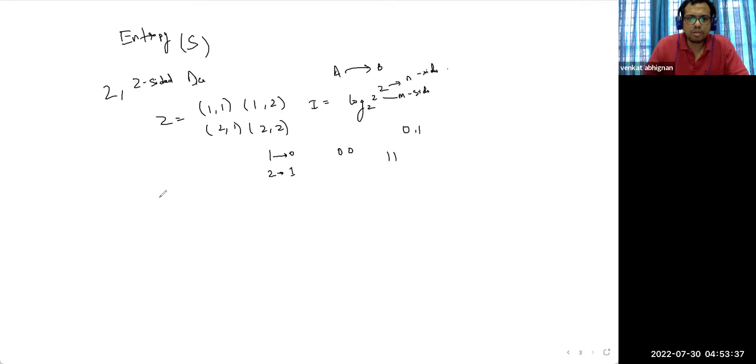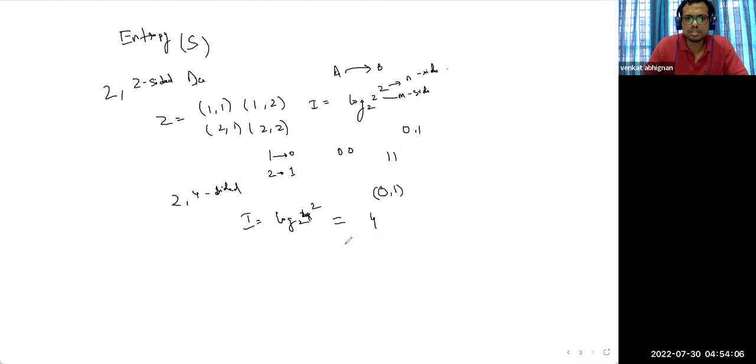Similarly, if I go for two 4-sided dice, which will be essentially log base 2, in the same base of zeros and ones, it will be 4 sides to the power 2. So this will be 4 essentially.